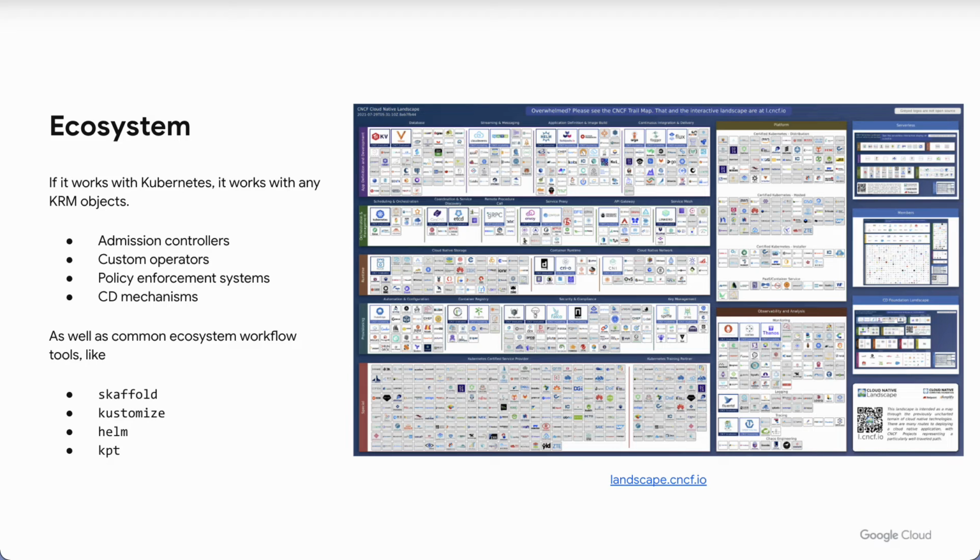They all have the Kubernetes API as their common framework and their common understanding. So, tools like admission controllers or custom operators, things like policy enforcement, or even continuous delivery mechanisms. If they work with Kubernetes, they can work with this KRM style approach for infrastructure. And a lot of the development tools we tend to use, like Kustomize or kpt or Helm, those also fit really well with the KRM approach.